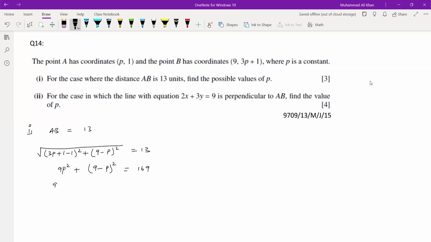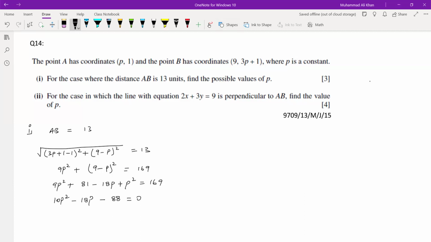Expand the whole square: 9p square plus 81 minus 18p plus p square equals 169. So 10p square minus 18p, 81 minus 169, minus 88 equals 0.